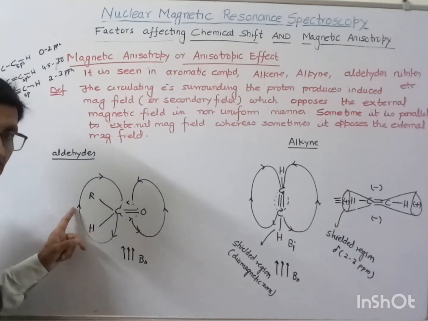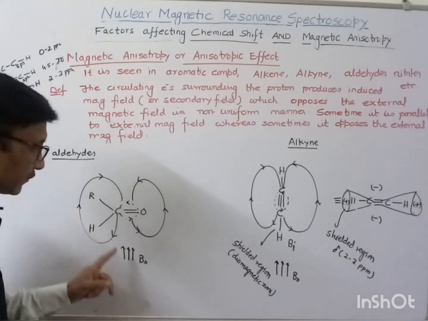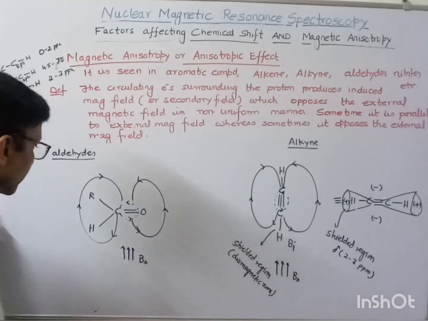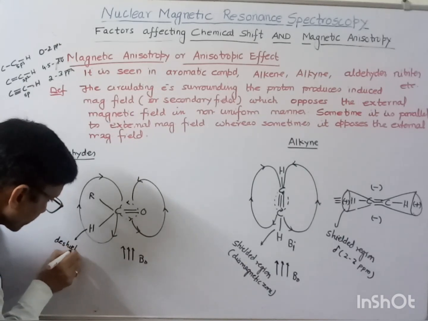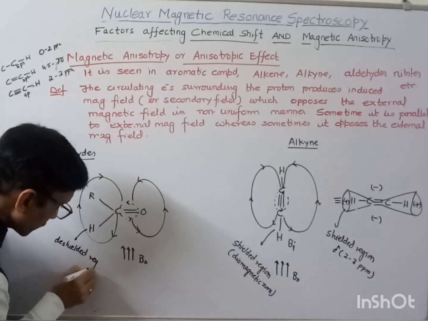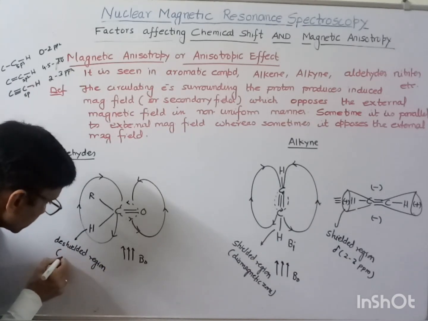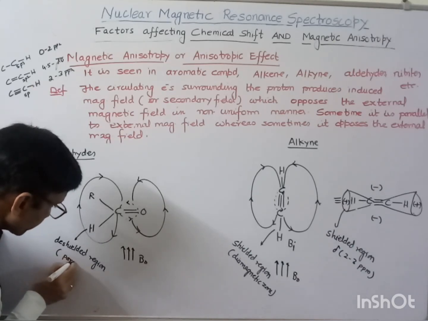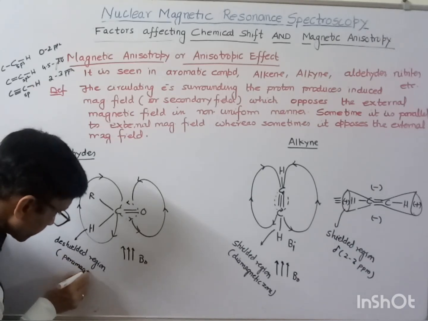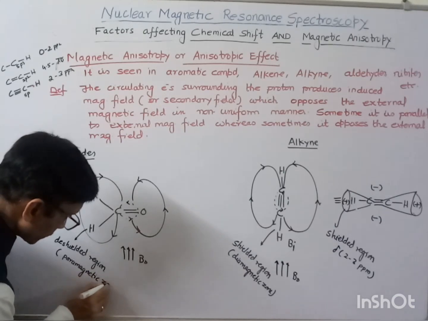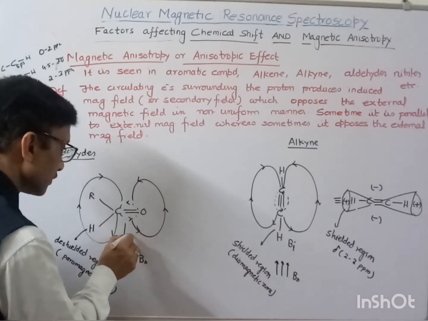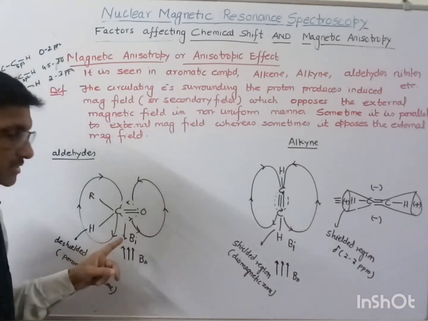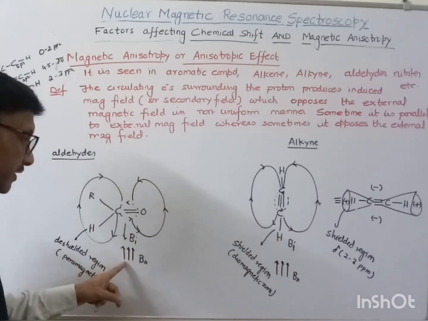You can see this proton is lying in a de-shielded region where the secondary magnetic field is parallel to the external magnetic field. So here this proton is present in the de-shielded region, or this is your paramagnetic zone, whereas no proton is present in the region where the secondary magnetic field is opposing the external magnetic field.